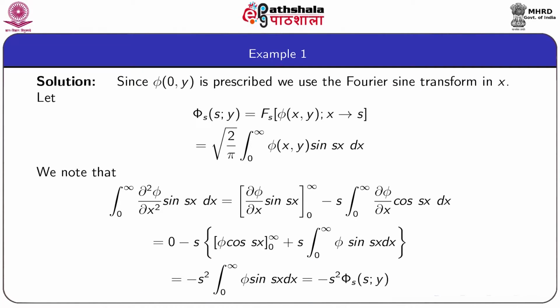Here we have used the condition that phi tends to 0 as x tends to infinity and phi at x equal to 0 is 0. So the integral on the left hand side becomes equal to minus s square capital phi s(s,y), since this integral is the Fourier sine transform of small phi.